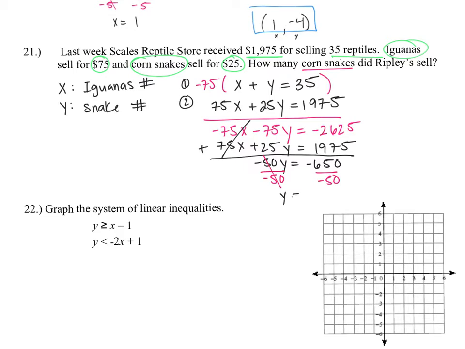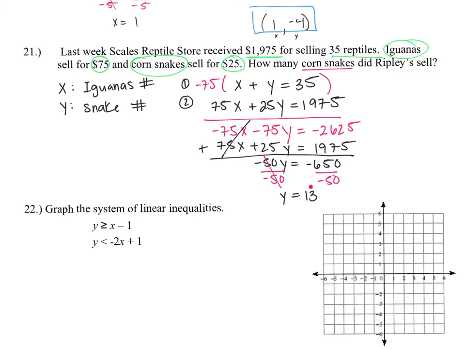My y would come down. And from here, it looks like 650 divided by 50. Now they're both negative, so I know I'm going to get a positive number. This would give me 13, I believe. Let me double check that. Yep, looks like it's 13 here.